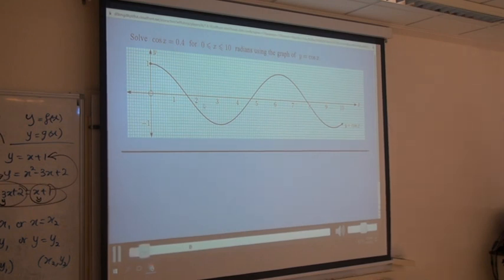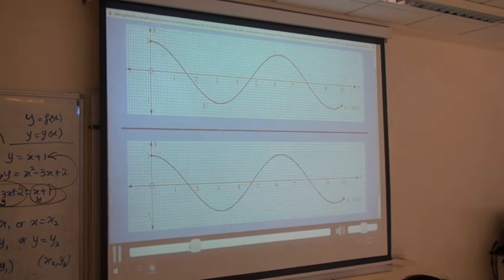Since trigonometric functions are periodic, trigonometric equations usually have infinitely many solutions unless a restricted domain is given. In this question, we are given the graph of the cosine function cos x from 0 to 10 radians.